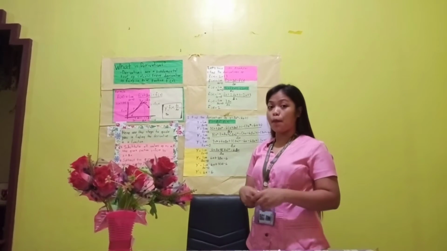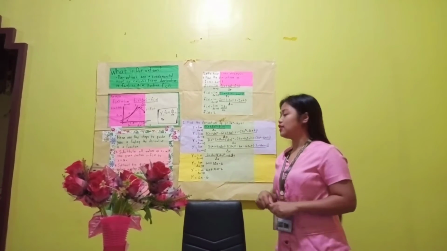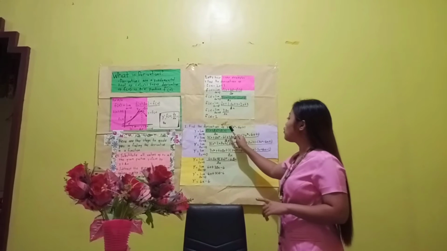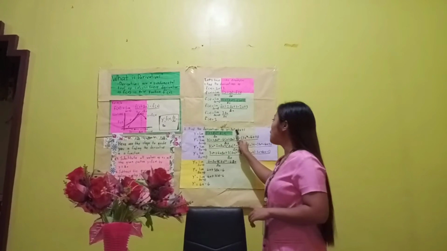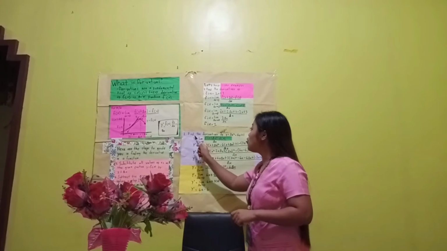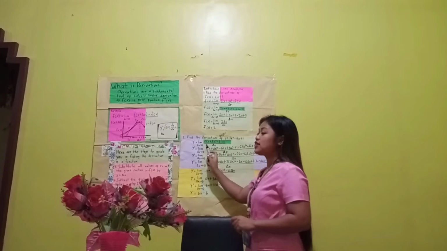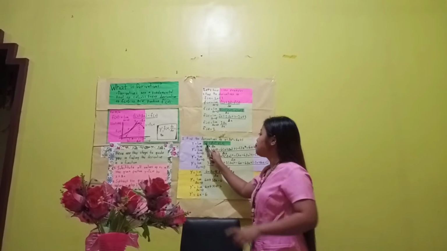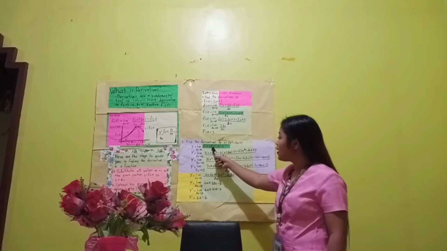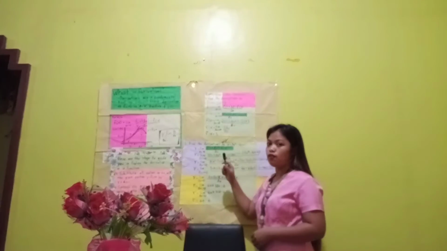We have another example, and in this example we use the y notation. So, find the derivative of y equals 3x squared minus 6x plus 1. So, our formula here is y prime equals the limit as delta x approaches 0 of f of the quantity x plus delta x minus f of x over delta x.